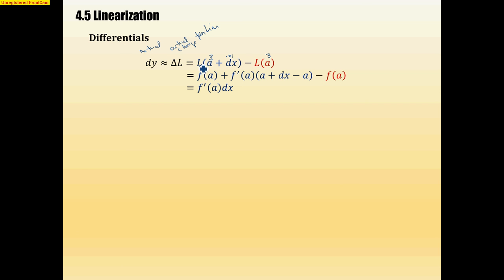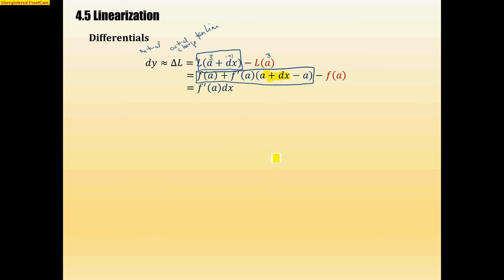Try to follow this algebra. Plugging 3 and a little bit into the tangent line is plugging 3 and a little bit into the tangent line. That's what it is.